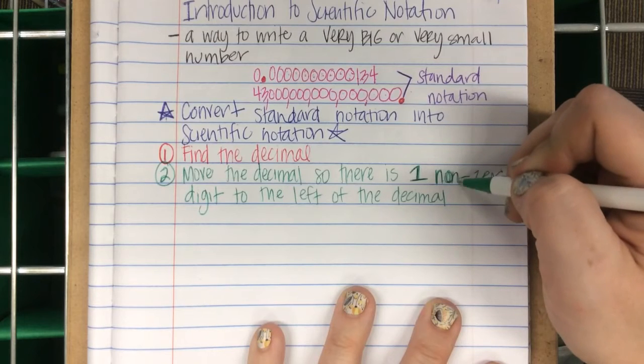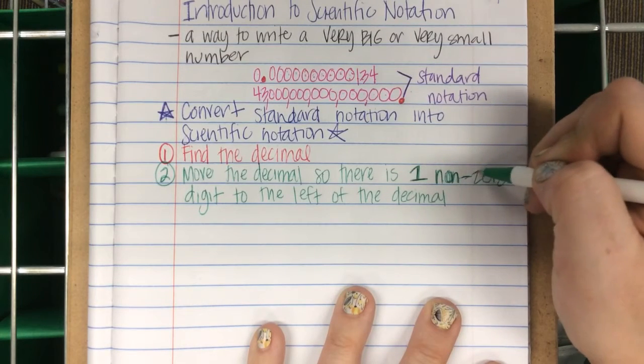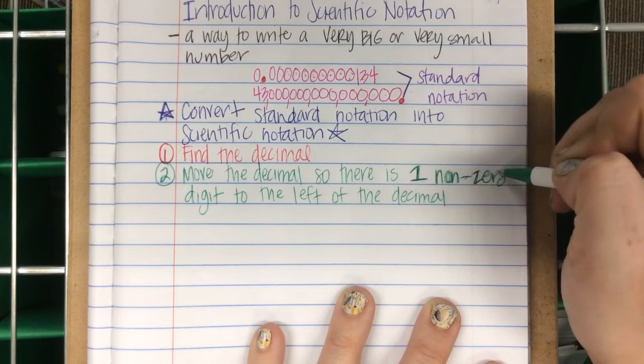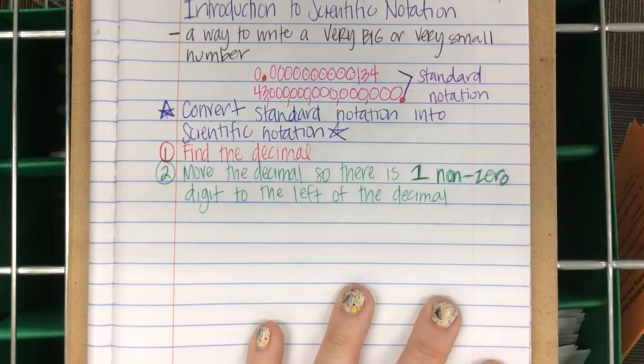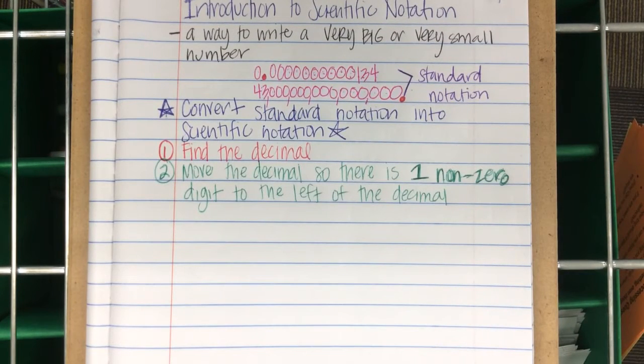So you want to move your decimal now, and you're going to move your decimal as many times as you need to until there is 1 non-zero digit to the left.